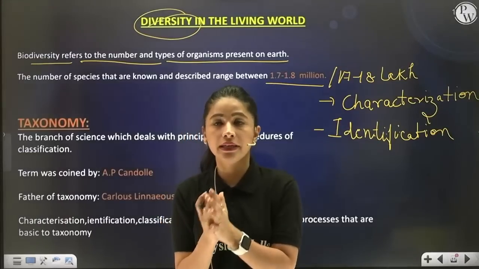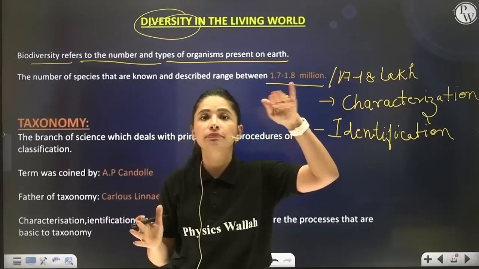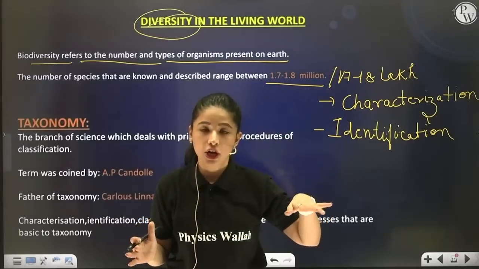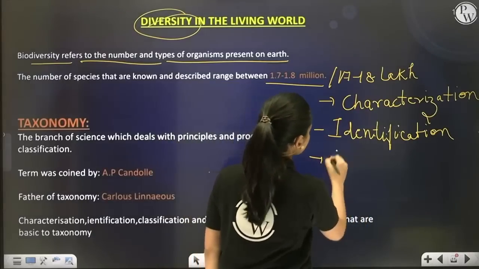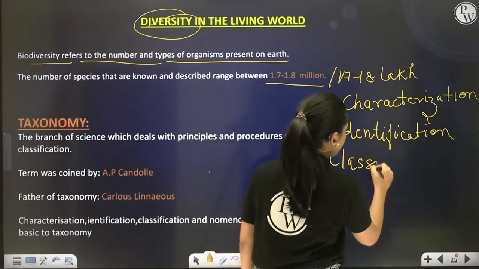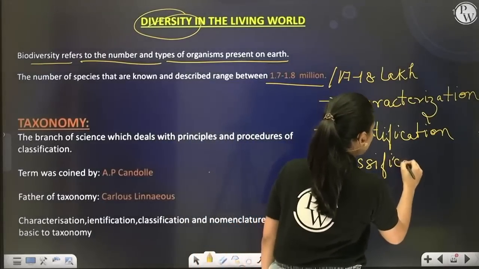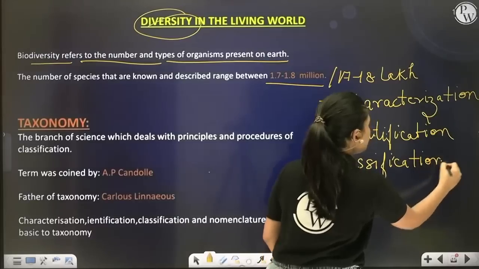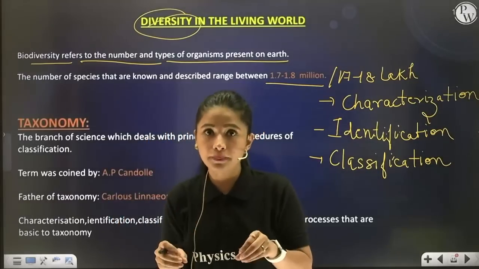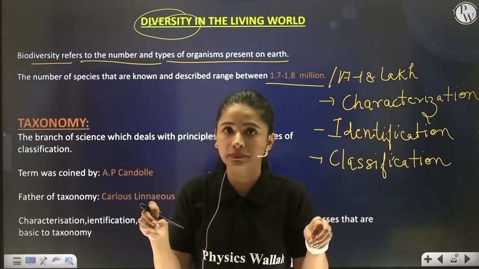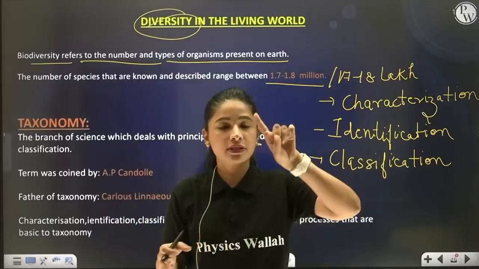Classification is actually keeping that organism into some convenient categories. So third step is classification. Classification means organizing or keeping the unknown organism into its convenient categories on the basis of some similar and dissimilar features.